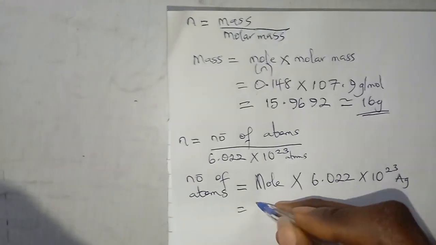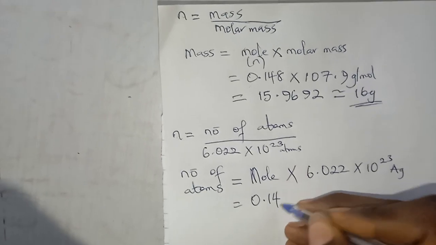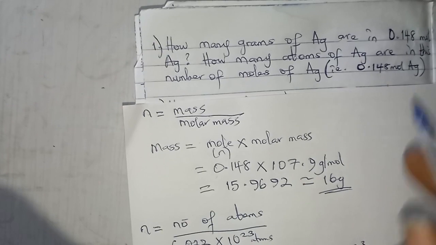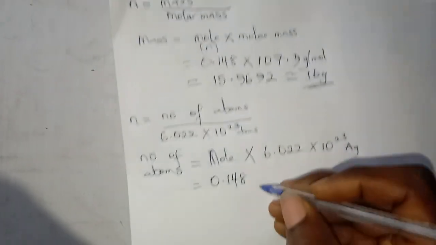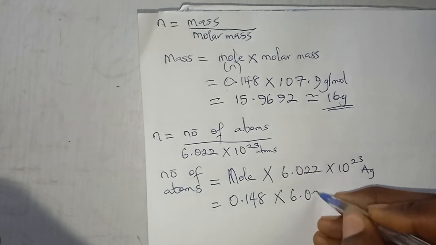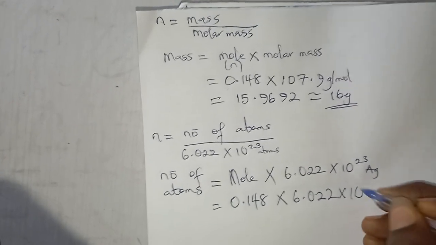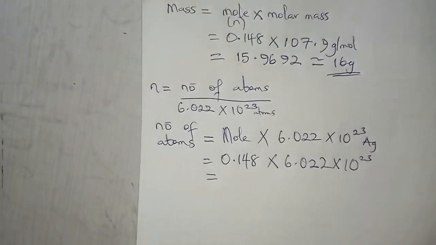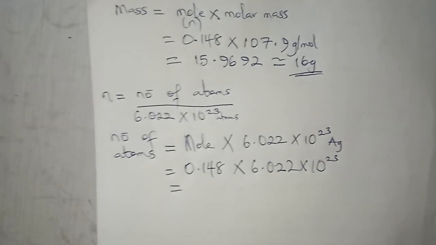We are given the mole, and they're asking for the number of atoms in this mole. So that we now have 0.148 times 6.022 times 10 raised to the power 23.